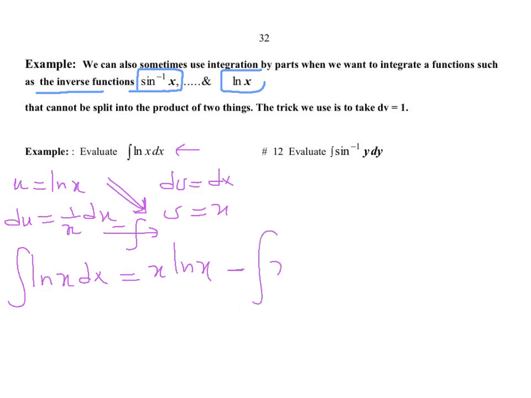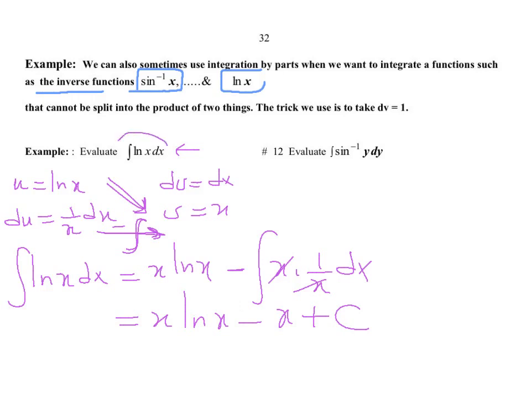So it's x ln x minus the integration of 1, which is x, plus c. This is a very famous example of integration by parts, the integration of ln x. Even though we had no product here like we had in the previous exercise, it can only be done using integration by parts.